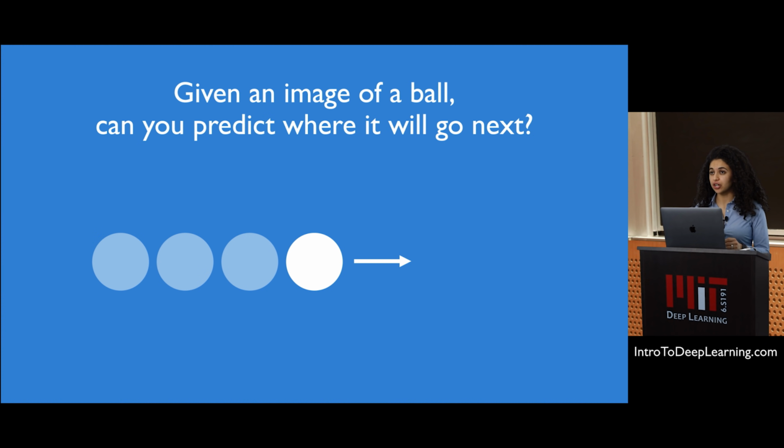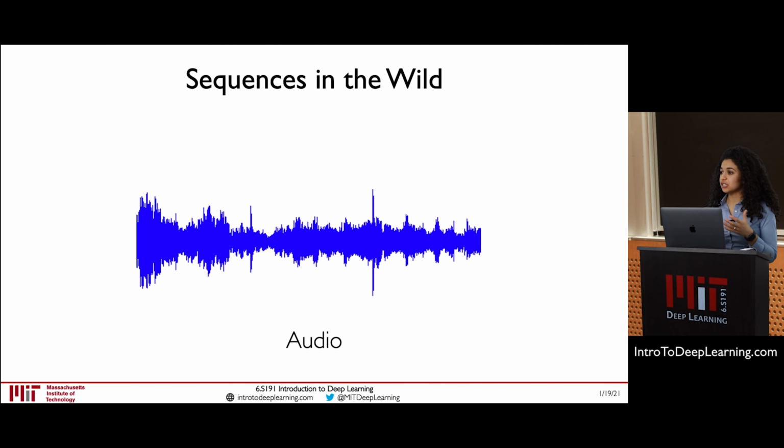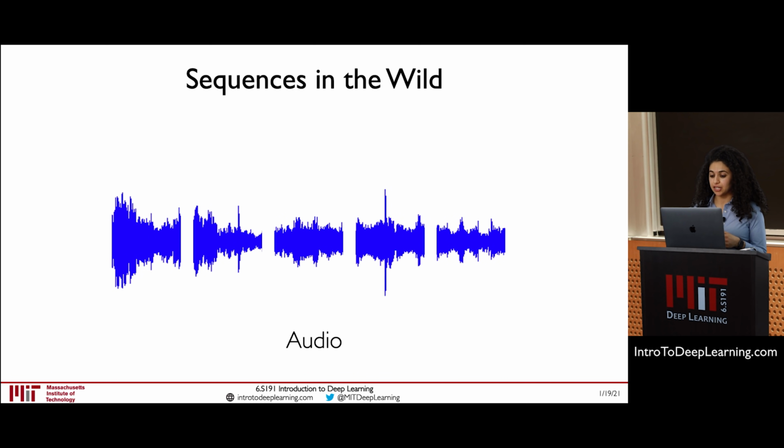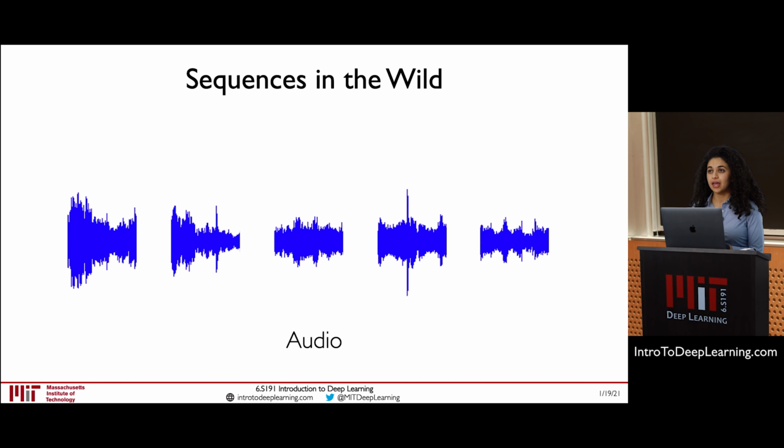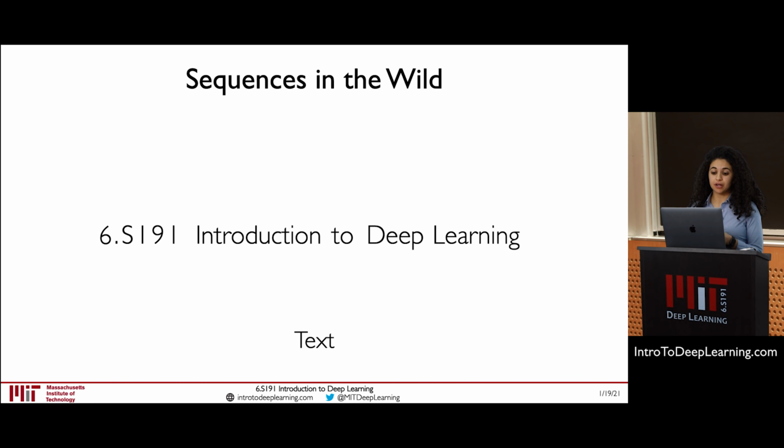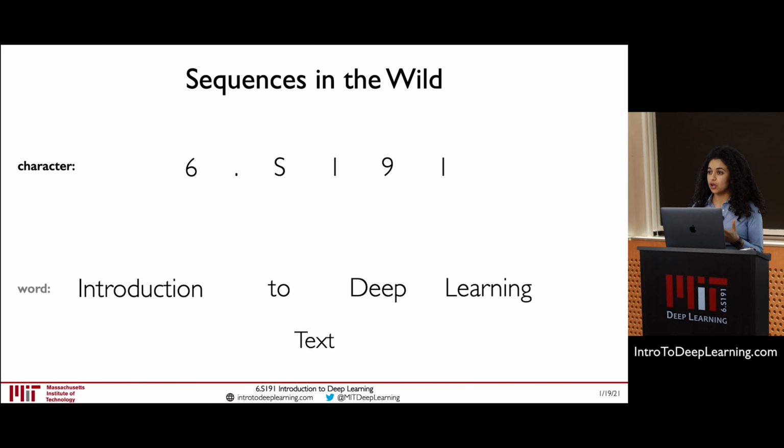So hopefully this intuitive example gives you a sense of what we mean in terms of sequential modeling and sequential prediction. And the truth is that sequential data and these types of problems are really all around us. For example, audio like the waveform from my speech can be split up into a sequence of sound waves. And text can be split up into a sequence of characters or also words, where each of these individual characters or each of the individual words can be thought of as a time step in our sequence.